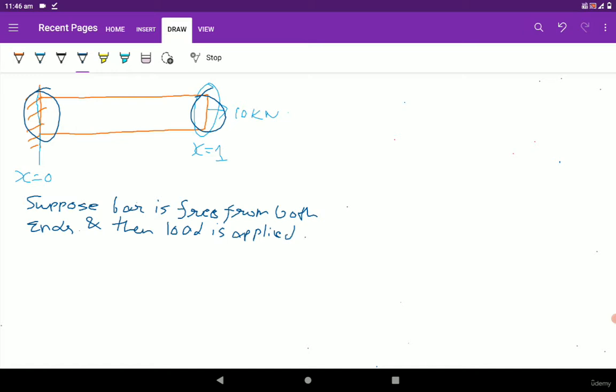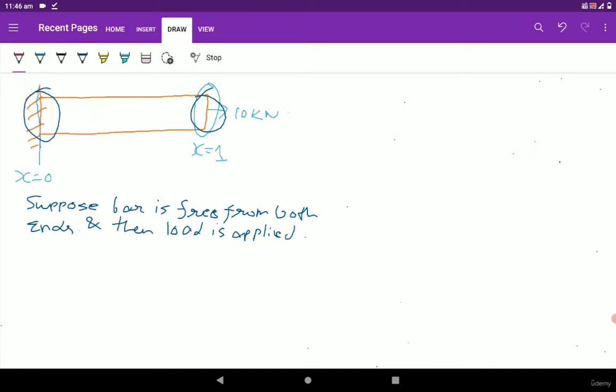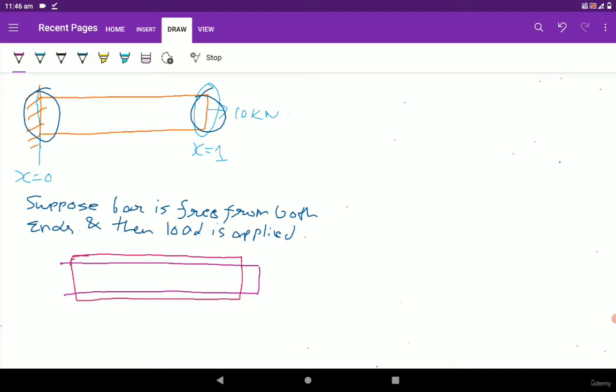So the condition will look something like this. This is the initial configuration, and when the load is applied, then there will be some elongation and deformation in the bar, like this. So this is the final configuration when the load P is applied here.